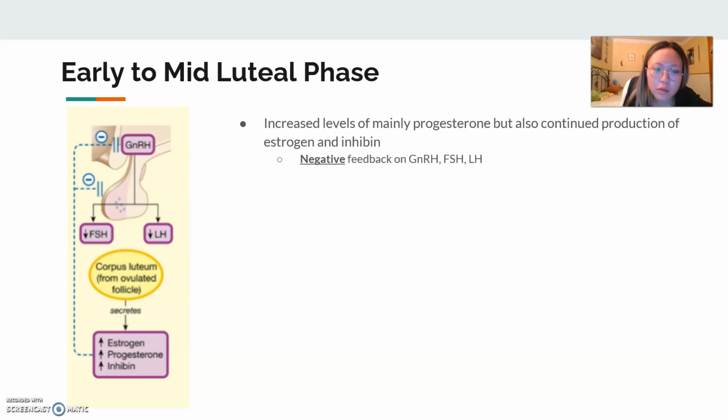The three hormones that the corpus luteum produces have a negative feedback effect on GnRH, FSH, and LH, and this is mainly just to prevent the formation of another follicle while the egg is awaiting fertilization in the uterus.